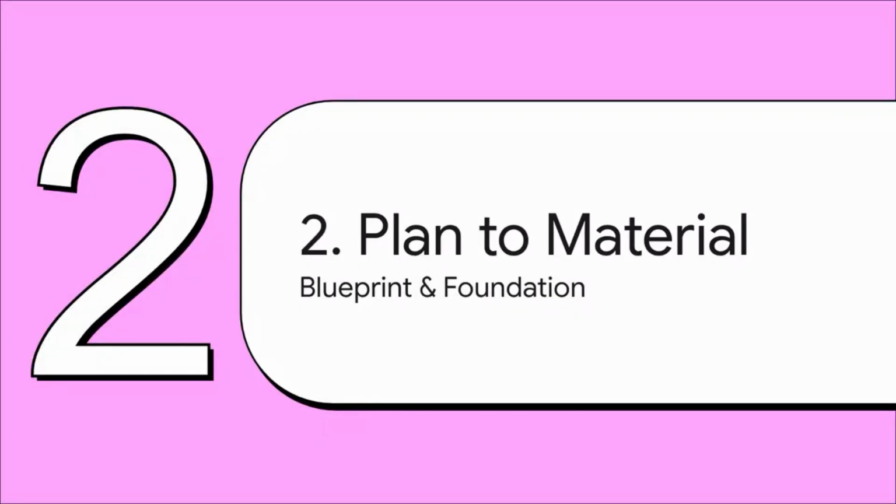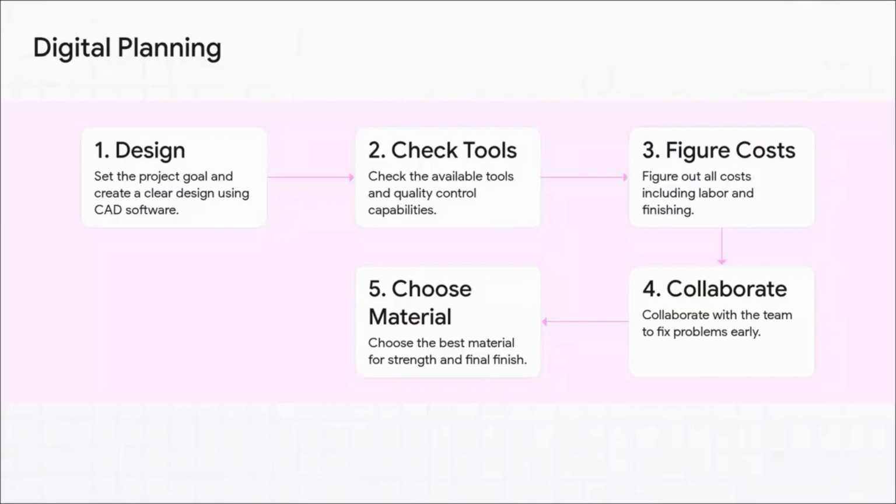Okay, but how does a complex car door actually come from a simple sheet? Well, like any great product, it all starts with a super detailed plan and, just as importantly, choosing the perfect foundation, the metal itself. You know, before a single piece of metal ever gets cut, there's this incredibly detailed digital planning phase. It all begins with the design, right?